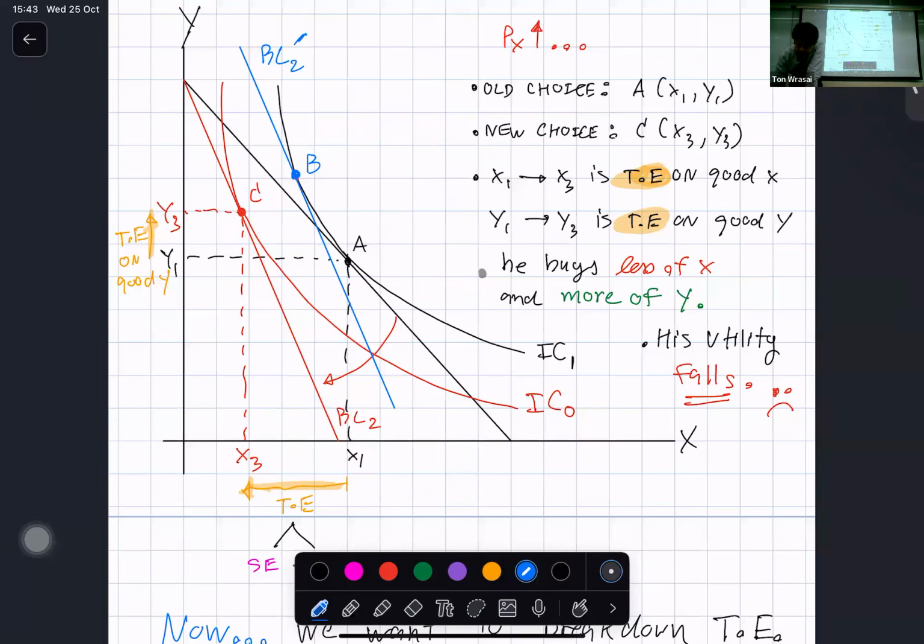From B, check the basket here: X2 and Y2. Okay. Success.